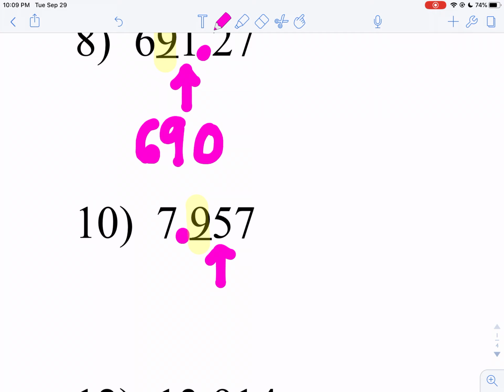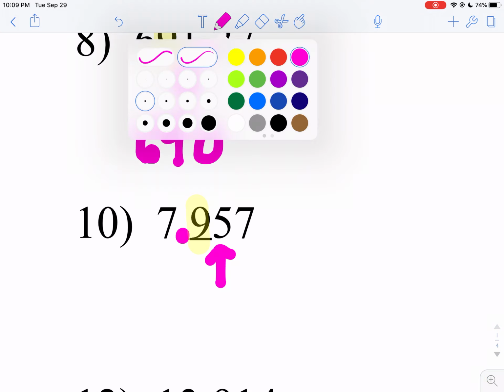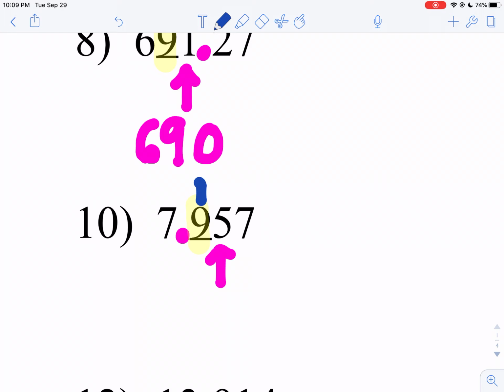Okay, so 5. Okay, 5 is among the numbers that I need to round up. So that tells me that I need to add 1 to 9. Okay, so if I add 1 to 9, it becomes 10. Okay, so 10, there's a 0 here, and then I carry a 1 over, and then 1 plus 7 becomes 8. This is a harder problem. Don't forget the decimal point, okay? The decimal point is right here, and then I'm done with the problem. That's the answer to number 10, okay?